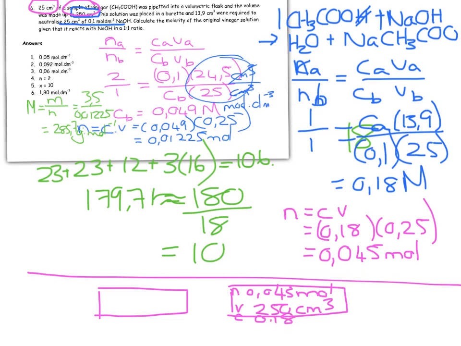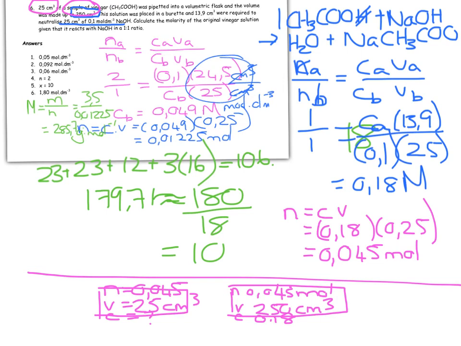However, here I have got that many moles that came from a dilution of 0,045 moles. I do know the volume is 25 centimeters cubed. And finally, I have got a concentration that I am attempting to calculate.